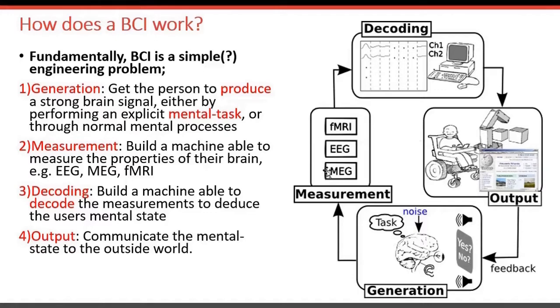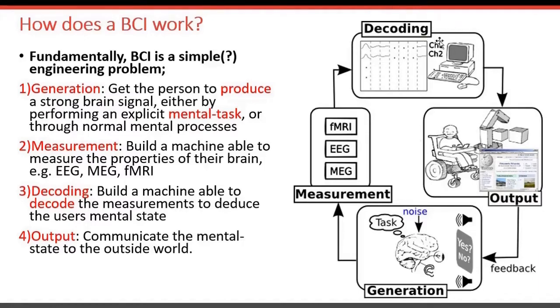There are different technologies that we can use for measuring brain activities: fMRI, functional magnetic resonance imaging, EEG, electroencephalography, or MEG, magnetoencephalography. There are some other imaging modalities that we can use to record brain activities, but these are just 3 commonly used examples. And once we have the measurement which provides us data, the next part of the BCI system is decoding.